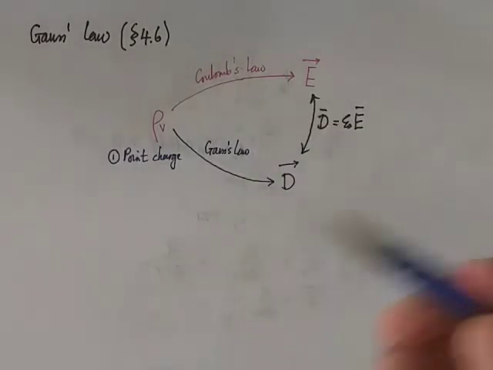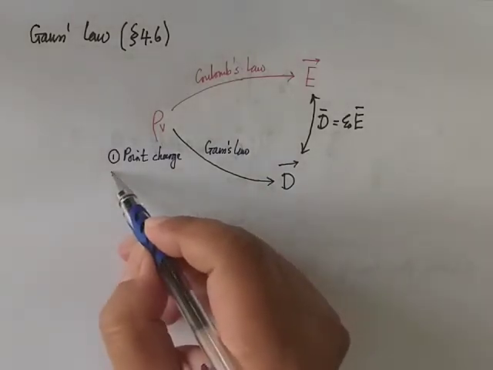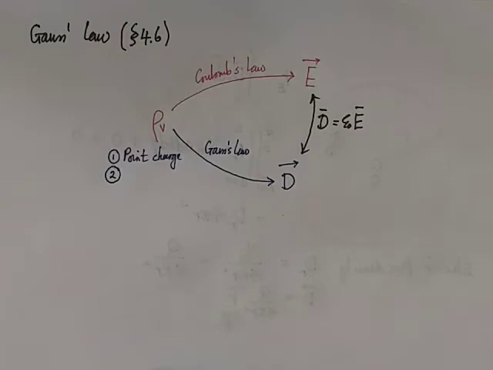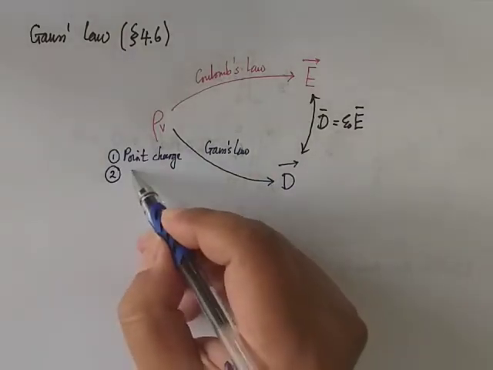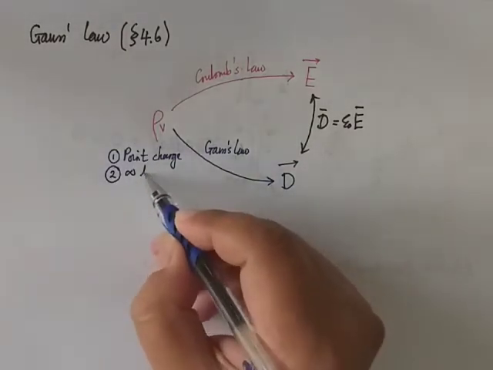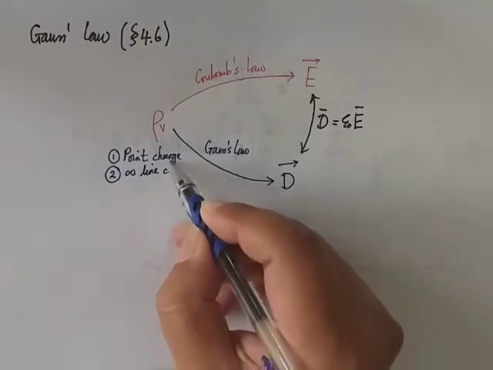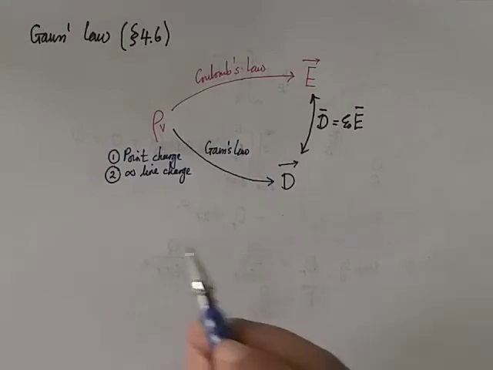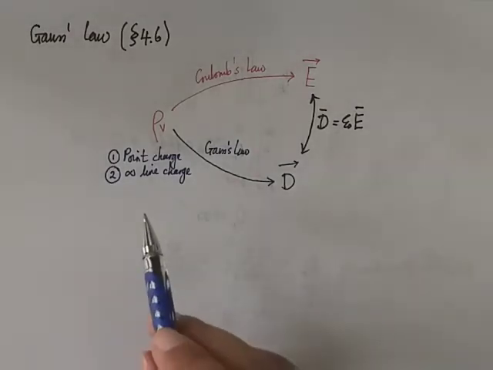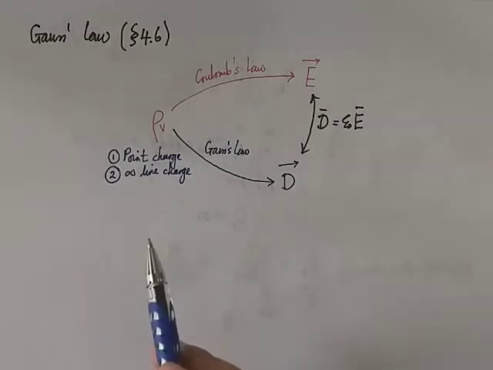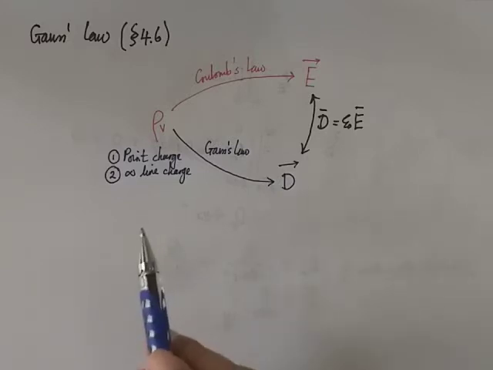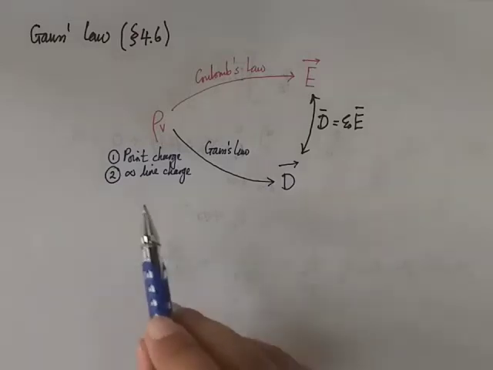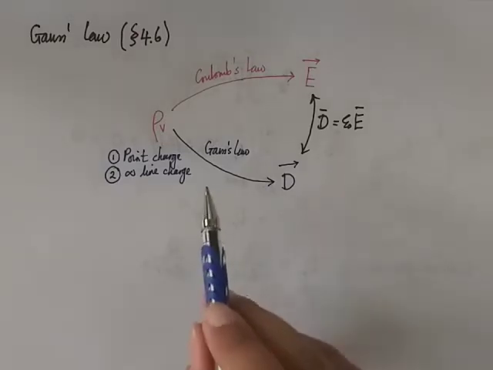It's not that difficult. The second condition where we can use Gauss's law is when you have an infinite line charge. You have to see the word: infinite. Remember the infinite line charge that we talked about before? Yes, that is the case where you can use Gauss's law. If you are dealing with a finite line charge, you cannot use Gauss's law.